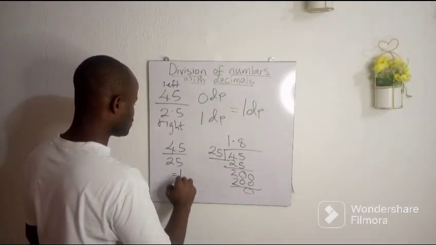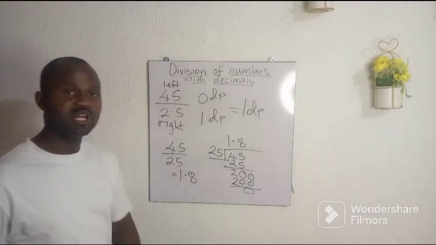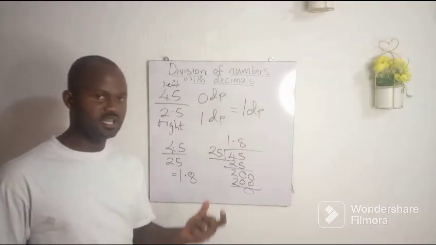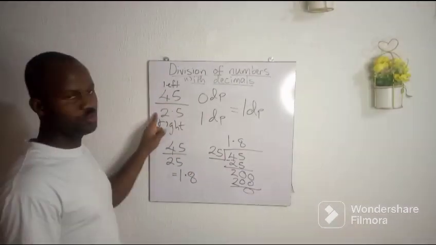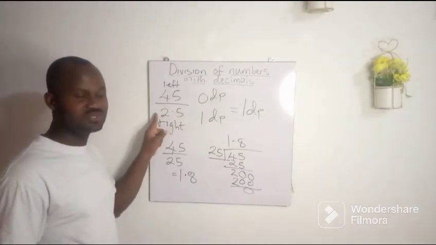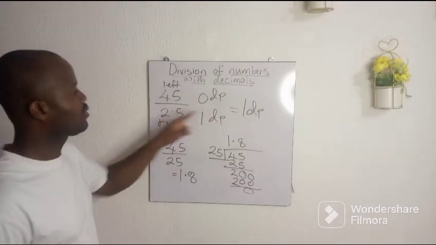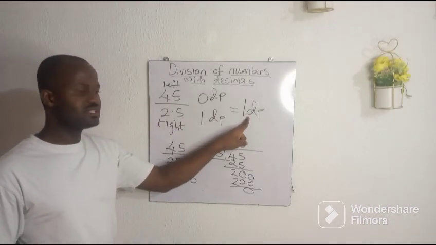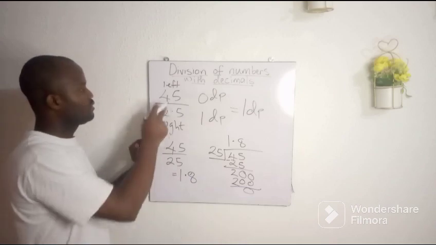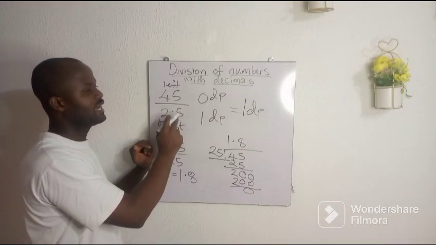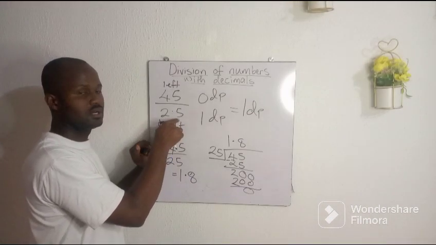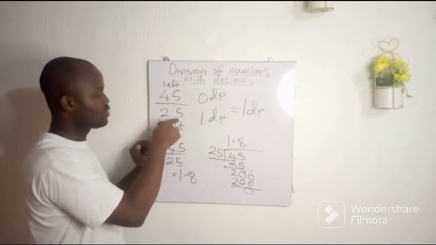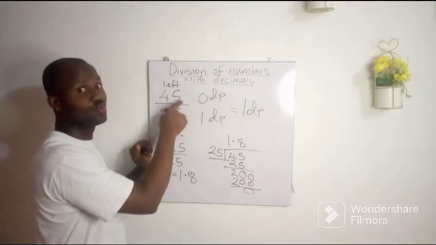So this is 1.8. But now, 1.8 is not the answer to 45 over 2.5. Remember, don't ever lose sight of that. So we are going to come back to what we did here. 1 decimal place, right? Now, which of them here had a higher number of decimal places? It is the denominator. It has 1 decimal place while the numerator has no decimal places.